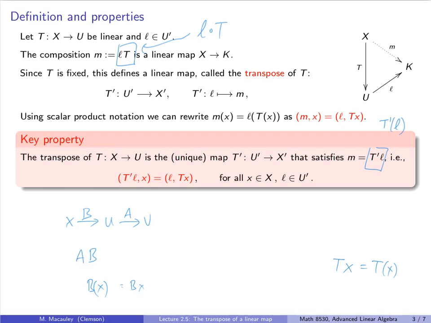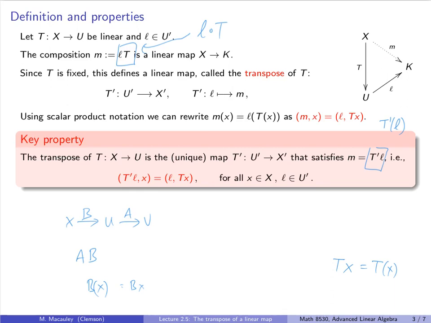So you have to just be a little bit aware from the context that this is different from this. And unfortunately, we say the same thing. Okay, let's go back to this key property. So the transpose T prime is the map such that T prime of L equals M.